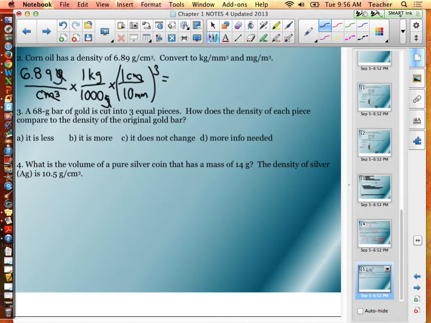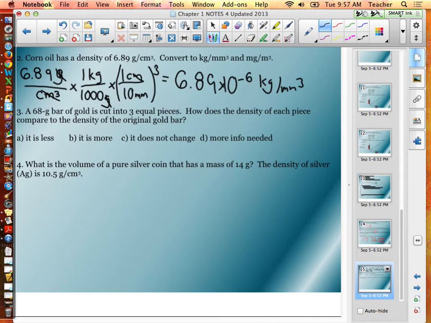So we have 6.89 divided by 1,000 times 1 cubed, which is just 1, and then divided by 10 cubed. And I got 6.89 times 10 to the negative 6 kilograms per millimeter cubed. And that's really just a conversion factor, but a conversion factor that relates to density.